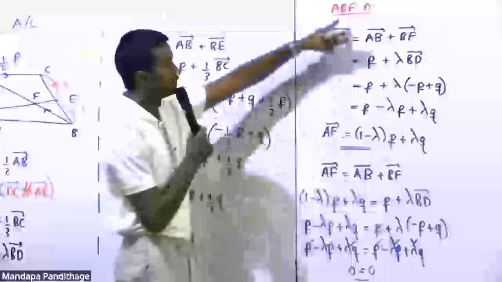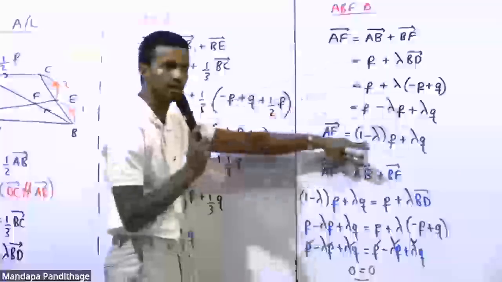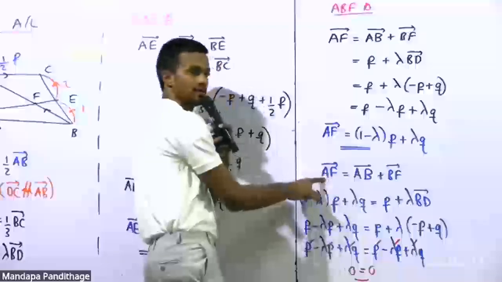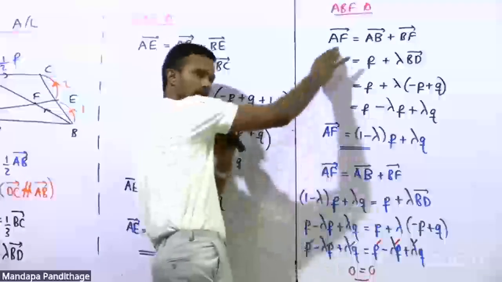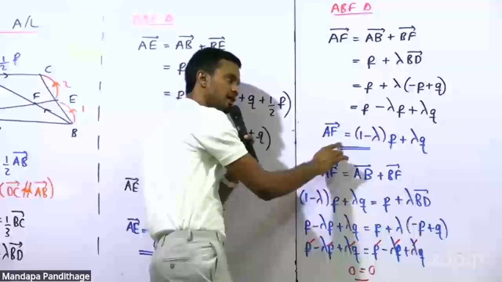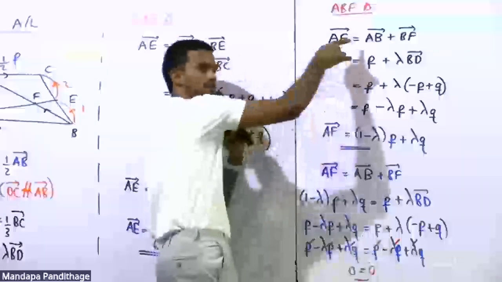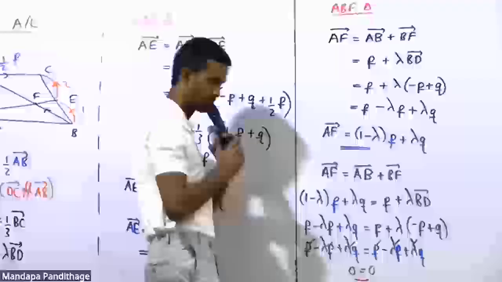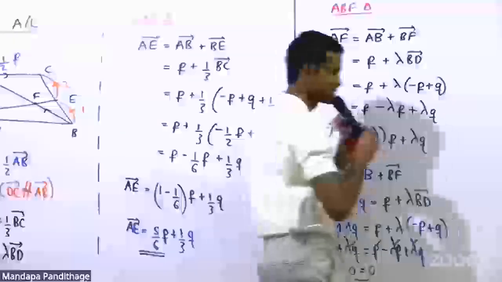I have used the vector addition to get the result, and again I'm using the same result inside vector addition. So when you use one equation to get a result, and then substitute that answer into the same equation, you end up with 0 equals 0. The simplest example is what I mentioned.